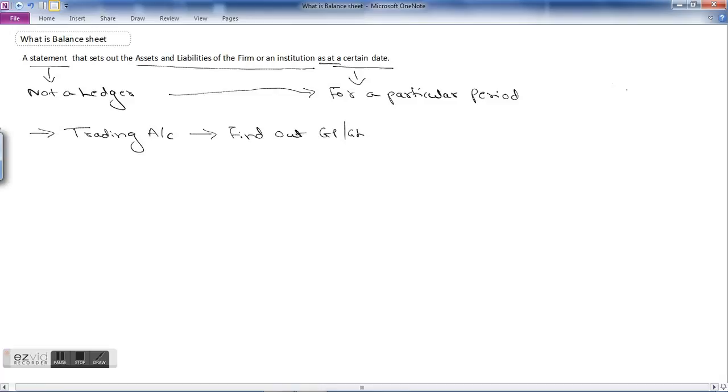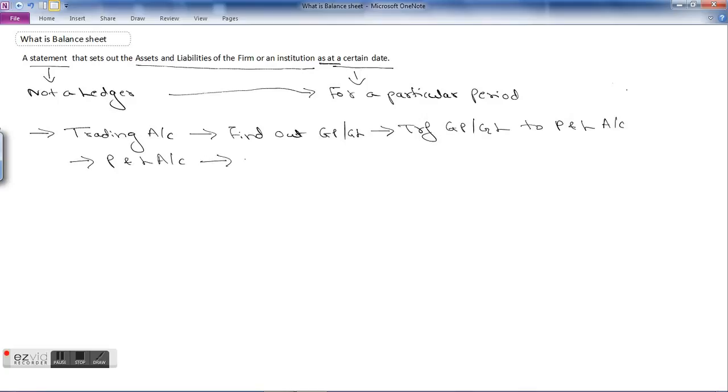Then transfer your gross profit or gross loss to the profit and loss account. You prepare your profit and loss account, then find out your net profit or net loss before appropriation, and then you transfer this net profit or net loss to the P&L appropriation account.